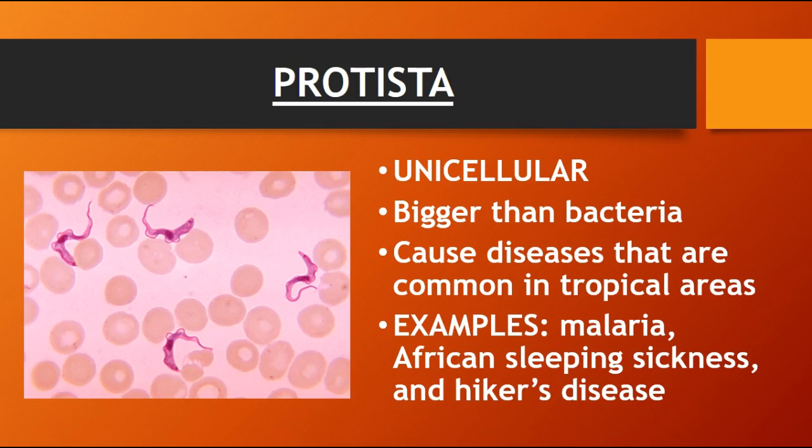And they cause diseases that are common in tropical areas, such as malaria, African sleeping sickness, and hiker's disease. And you can see in this picture some examples of protists. I believe this is the one that causes African sleeping sickness.